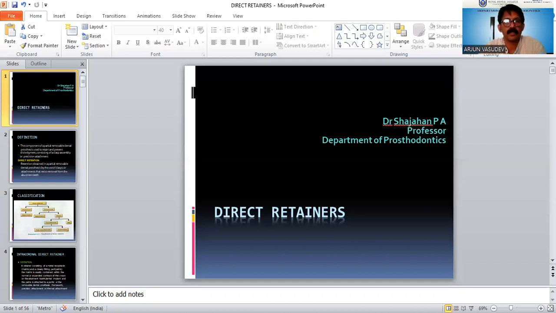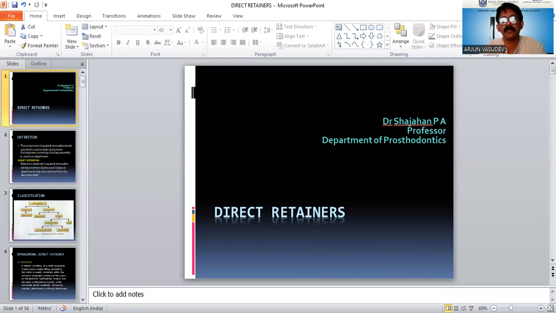There are three parts of retentive arm: terminal third, middle third, and proximal third. Terminal third is otherwise known as retentive terminal, which engages the undercut. Middle third has limited flexibility and may engage into the minimal undercut. And proximal third, the body, is rigid and is placed above the height of contour.